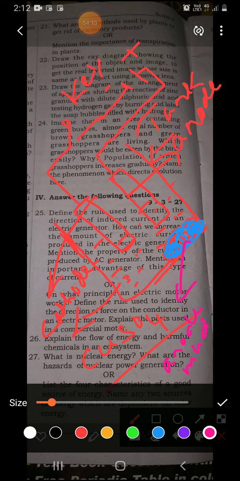You have drawn it in your practice book, so I don't think this diagram is going to be difficult for you. So I hope you understand this question. And the right answer will be the purification of copper. In short, the diagram you need to draw.